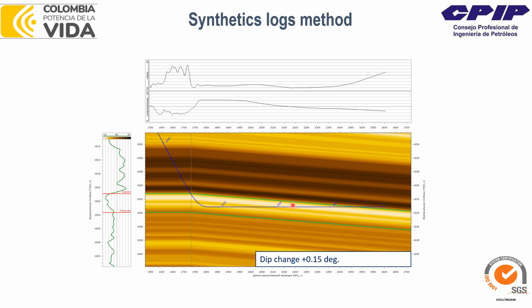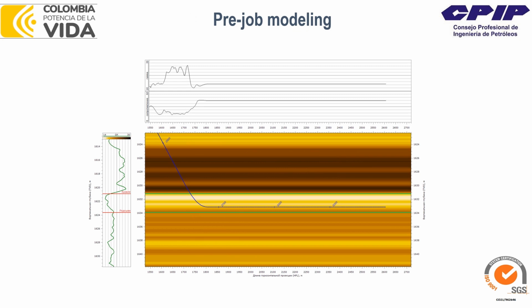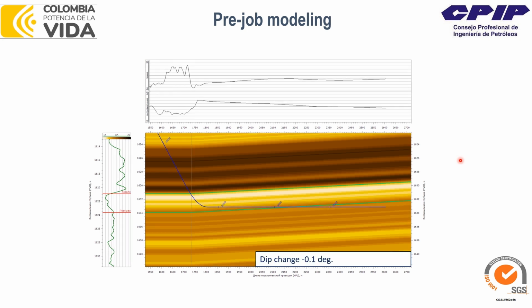Now what's going to happen if the dip changes in the opposite direction? For example, what's going to change if the dip changes to deepen? Let me do it here. The dip is changing just 0.1 degree, just one decimal of a degree, and you can see that we're going to exit to the bottom and we're going to lose almost half of the wellbore.